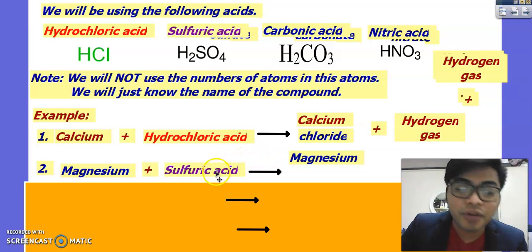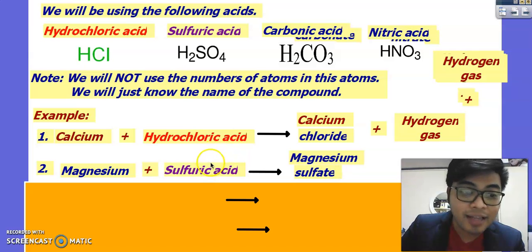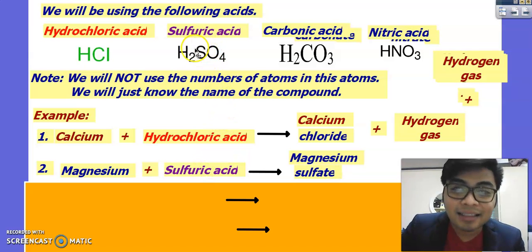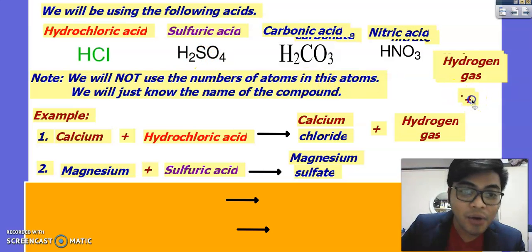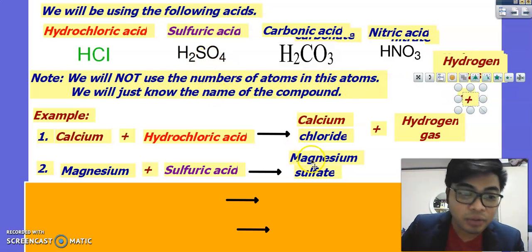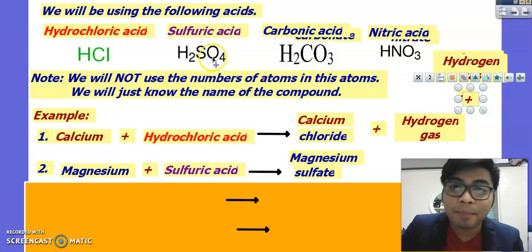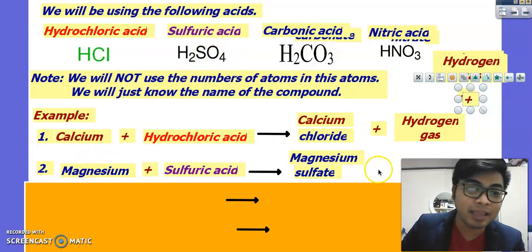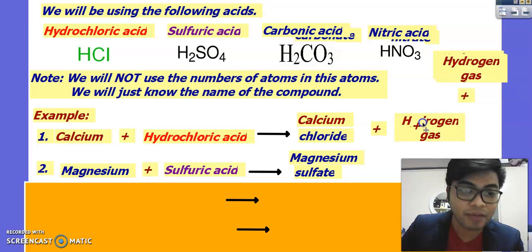After that, for sulfuric acid, every time it reacts with magnesium or with a metal, we always get sulfate. Why sulfate? Because the last part here is SO4. So magnesium plus the SO4 will give you magnesium sulfate. Just add plus hydrogen gas.